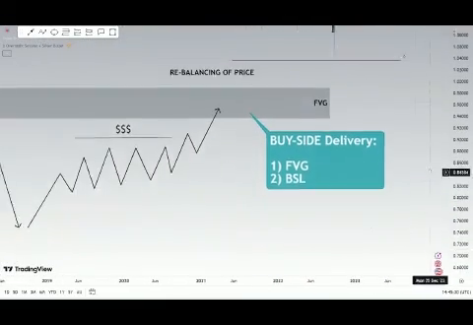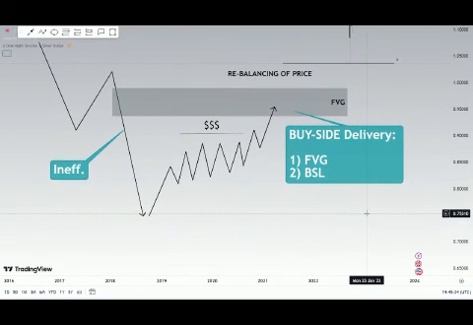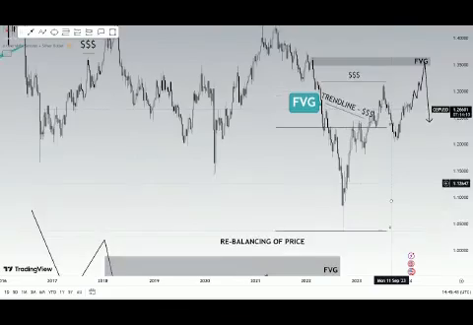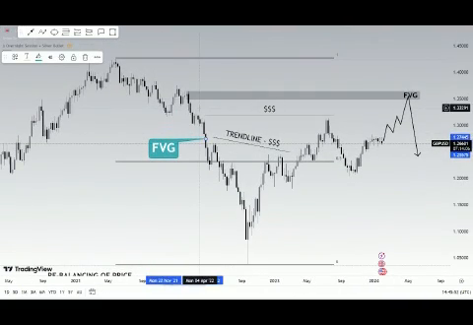Okay, so just one more to summarize. Buy-side delivery is going to be to sweep buy-side liquidity, often in the form of equal highs and lows, and a fair value gap will be used in conjunction with that to ensure price is rebalancing areas that have not been tapped into, that are left in inefficiency, i.e. this region over here or this region over here.